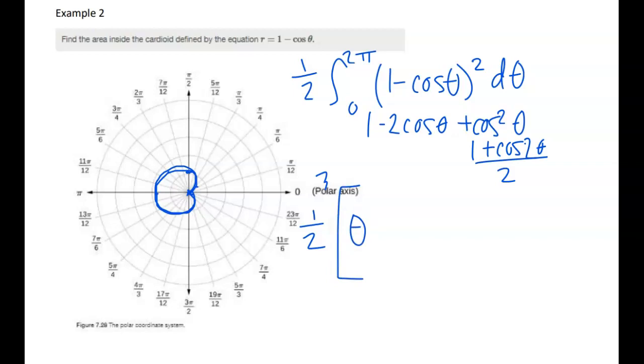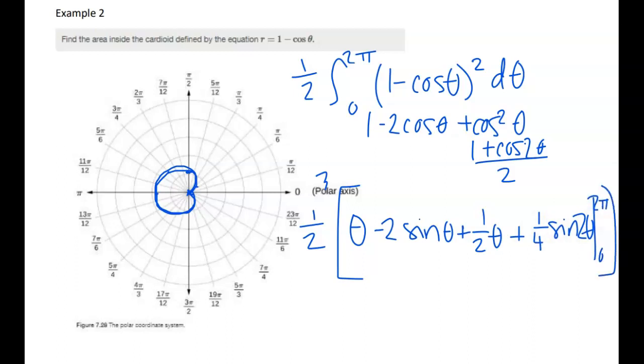So 0 minus 2 sine theta plus 1/2 theta plus 1/4 sine of 2 theta. And I'm taking that from 0 to 2 pi.